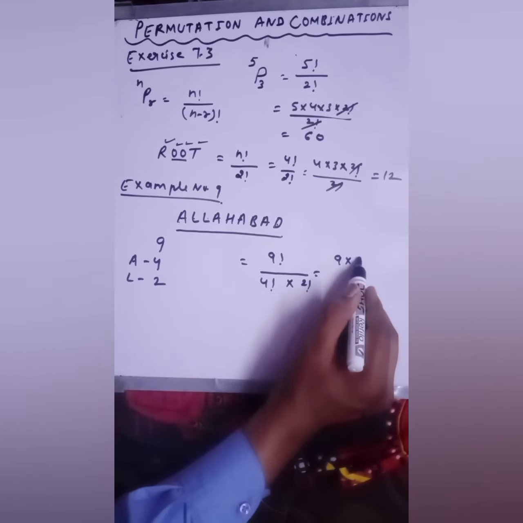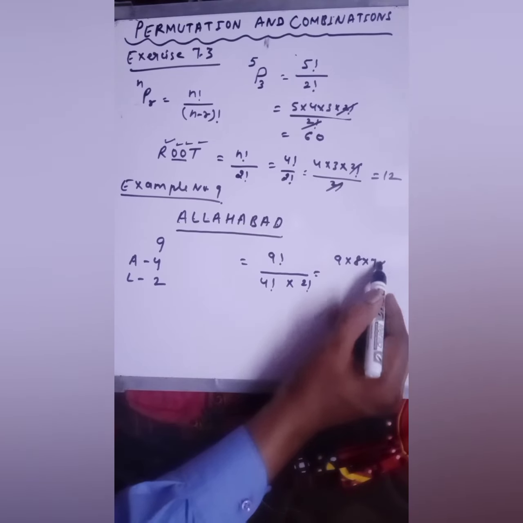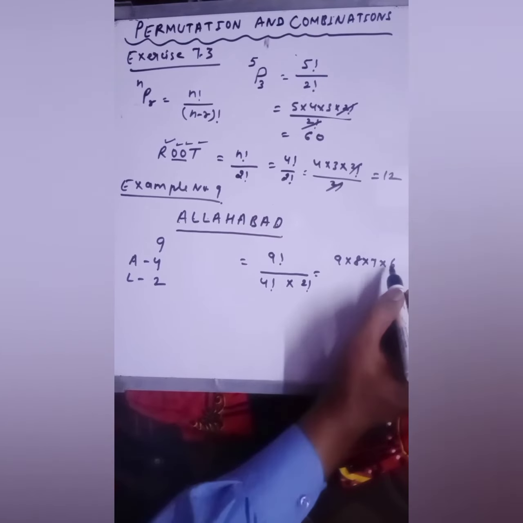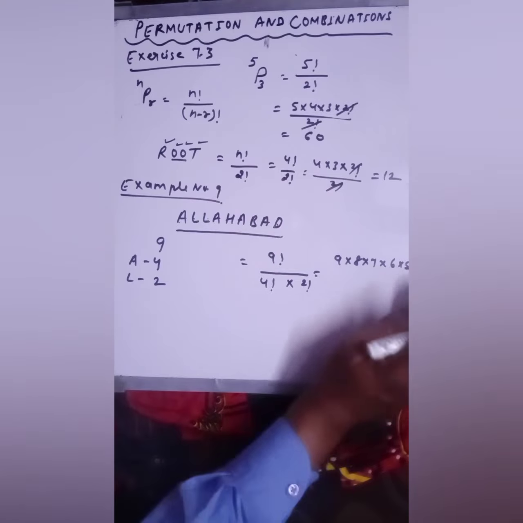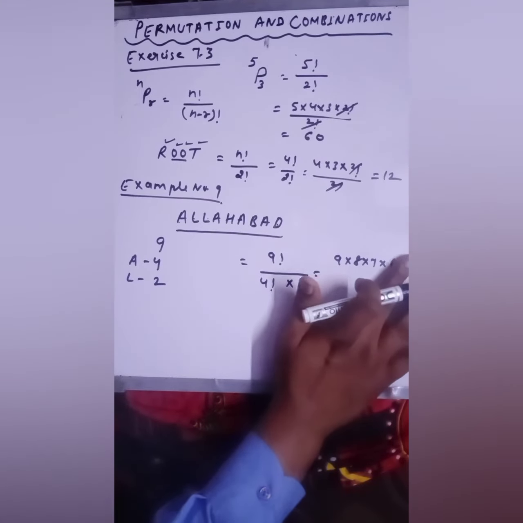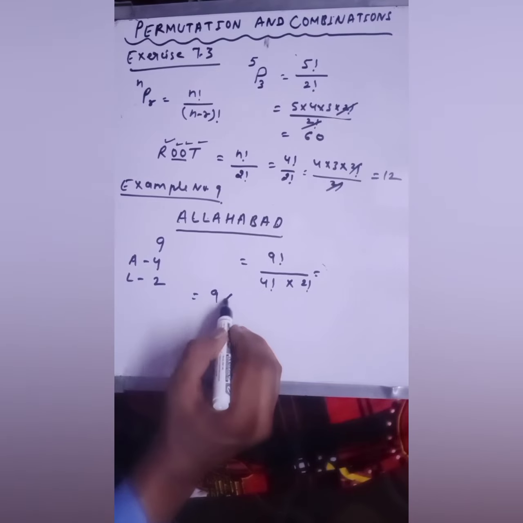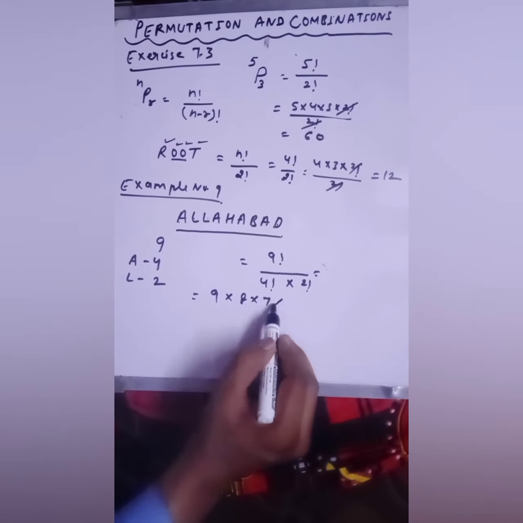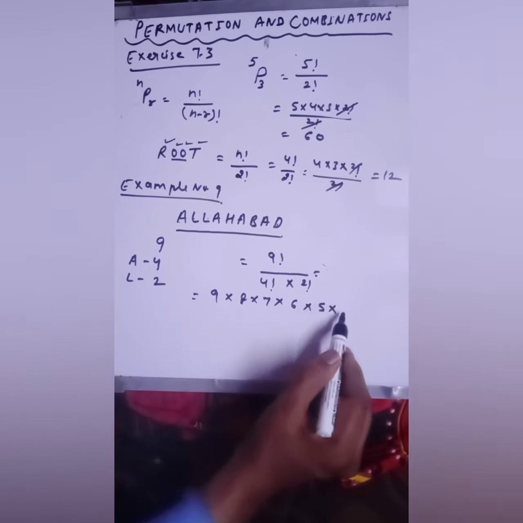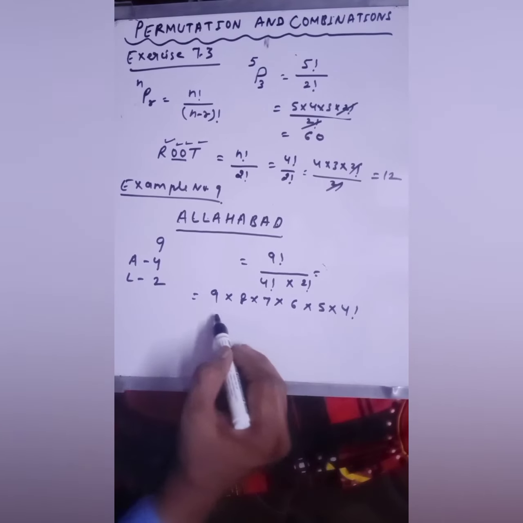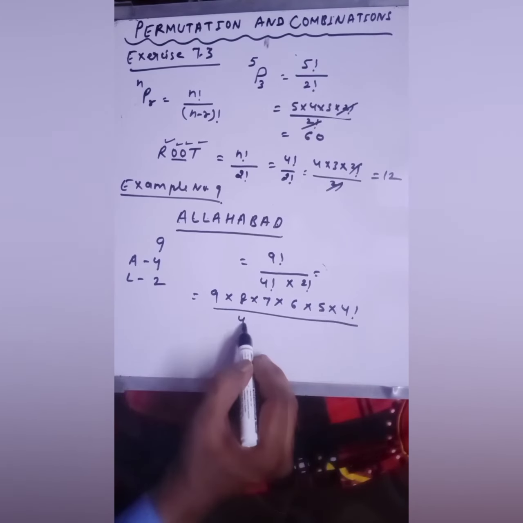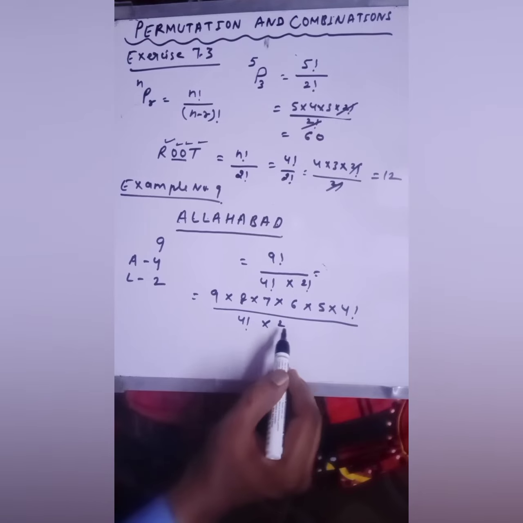This is 9 into 8 into 7 into 6 into, see, there is a lack of space, you are not able to see, so I am solving here. 9, 8, 7 into 6 into 5 into 4 factorial over 4 factorial into 2 into 1.